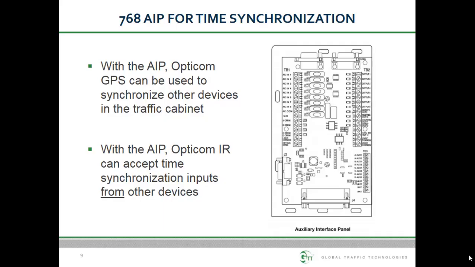If you are operating in IR mode, you can do what was just described in reverse. You can take a clock set output from another device in the cabinet to keep the clock in the phase selector current. Connect a wire from your external clock source to the EXT clock sync input on the AIP.